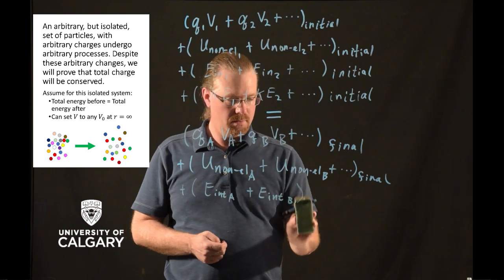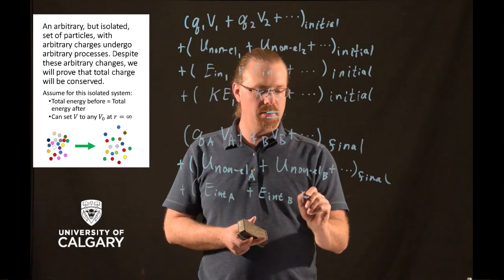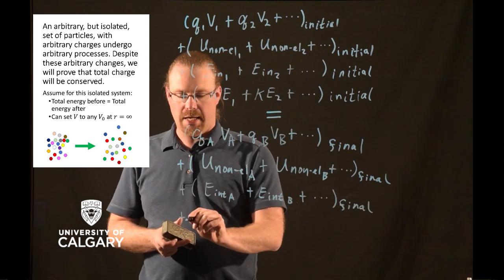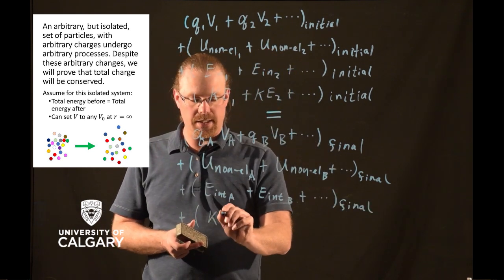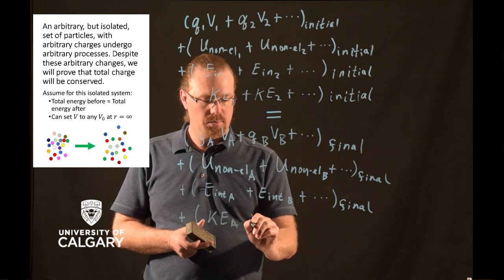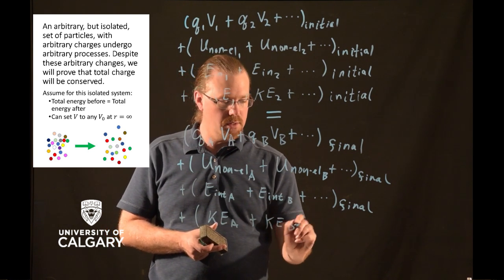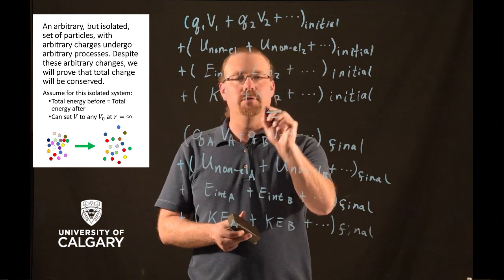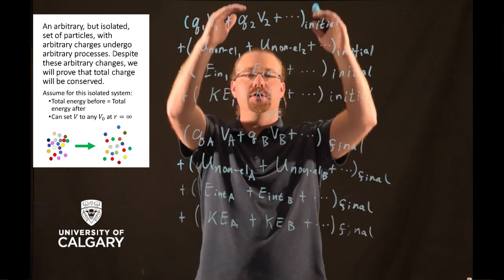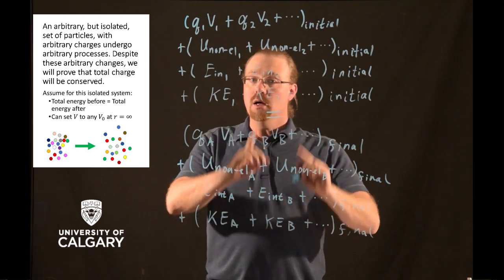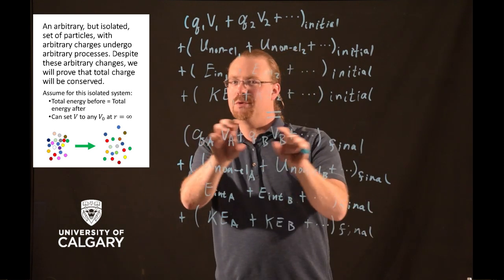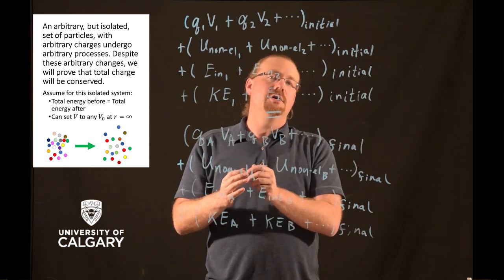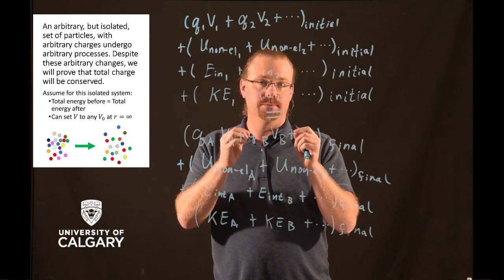Of course, there can be more than just A and B. And things could still be moving, so KEA plus KEB plus dot, dot, dot. Fine. And of course, this equal sign right here in the middle says that you add up all this energy, it's equal to all of this energy. Note, however, the number of charges has actually changed, and that's going to be absolutely essential to the overall derivation of charge conservation that we are doing.